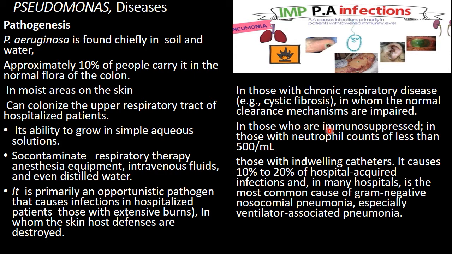Immunocompromised persons having a neutrophil count of less than 500 per ml are also attacked by this bacterium. And you know that those people using indwelling catheters are also at risk.